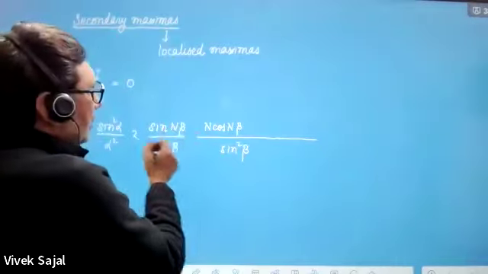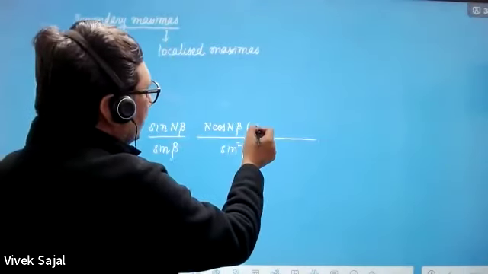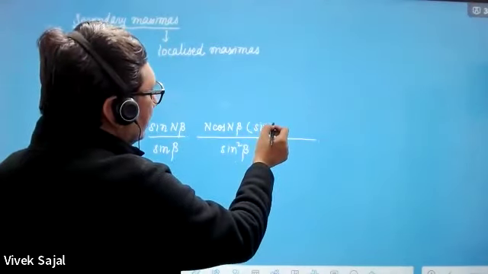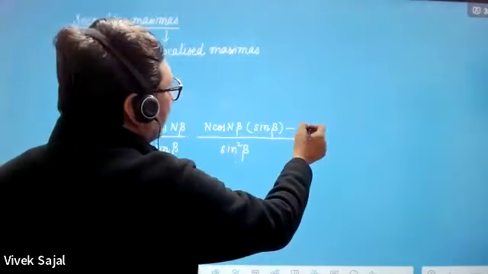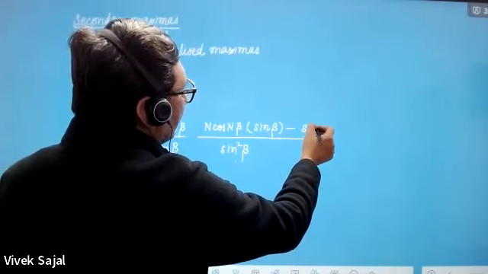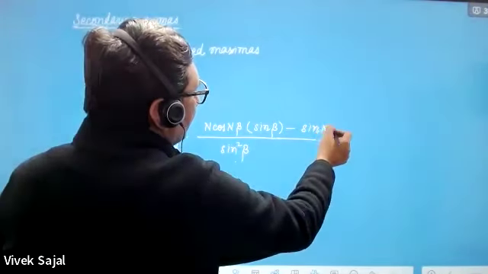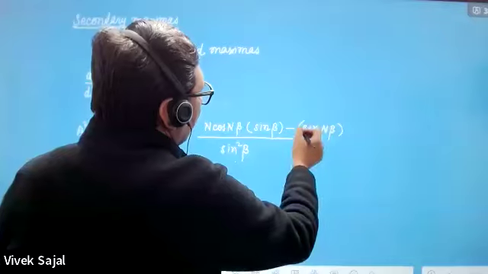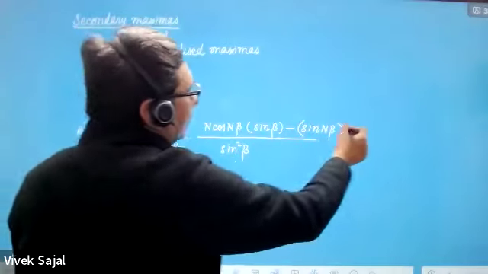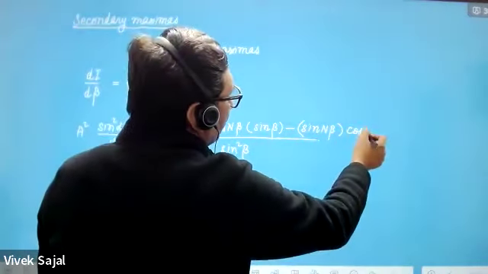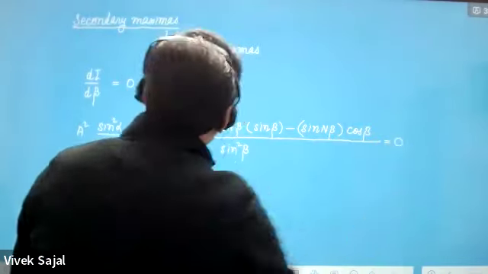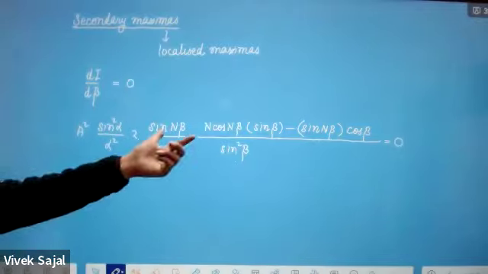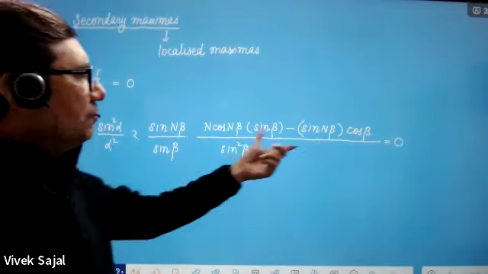Okay, differentiate this, and sine beta will be as it is, minus, place this sine n beta as it is, and differentiate sine beta, which will be cos beta, and make it 0. Okay, now there are 3 factors, and you can make each of these factors 0.